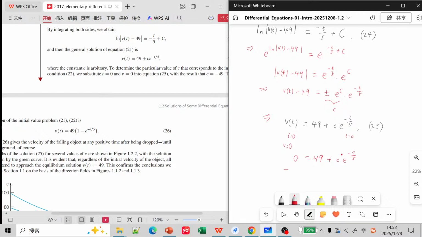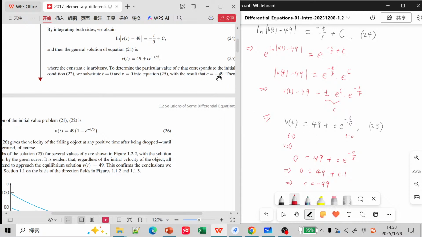And then 0 is equal to 49 plus this whole term, where the exponential value is 1. So lastly, we can get c is equal to minus 49.